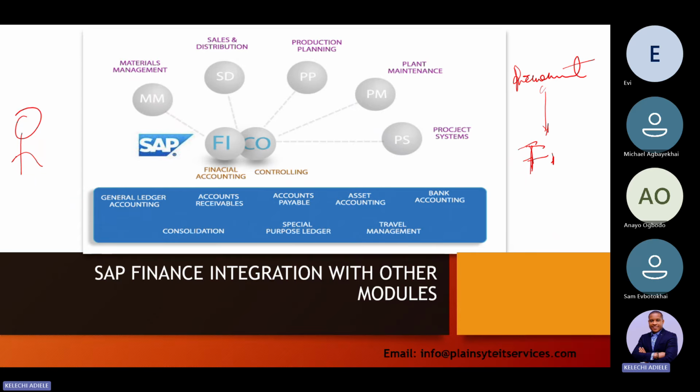Plant maintenance is a module in SAP, but it's also a physical thing that happens in every company, right? If you have a company that has a lot of plants, in plants, I mean, it could be a production facility, it could be generators, it could be even trains. So plants are basically assets that are used to run the business.